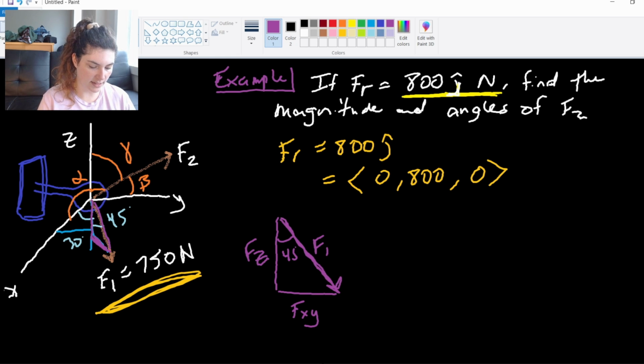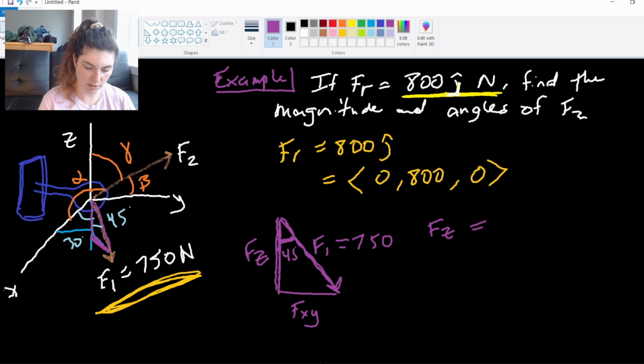So when we break that down, our F1 is 750. We get that the Z component is going to be F1 times cosine of 45. It's adjacent.